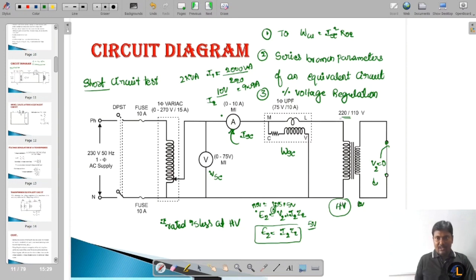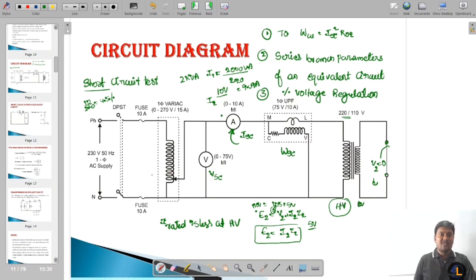Out of the rated voltage of 220, we are applying only 10 volts, which means the fraction is very small. Approximately 4.5 to 5% of the rated voltage is applied.